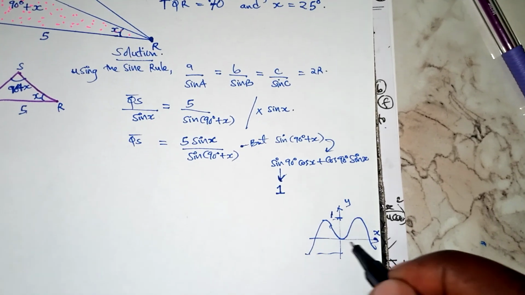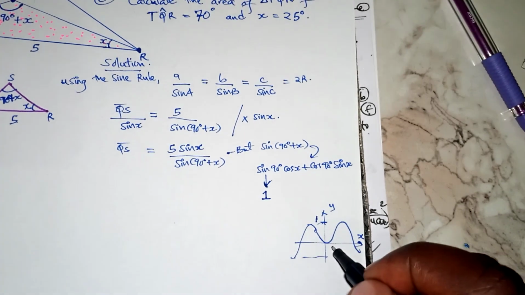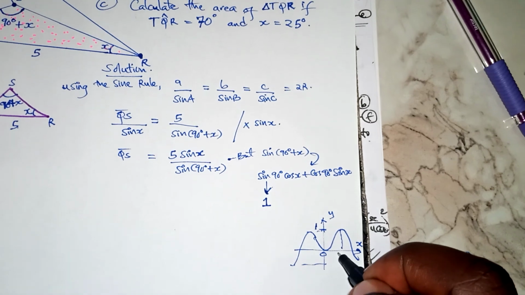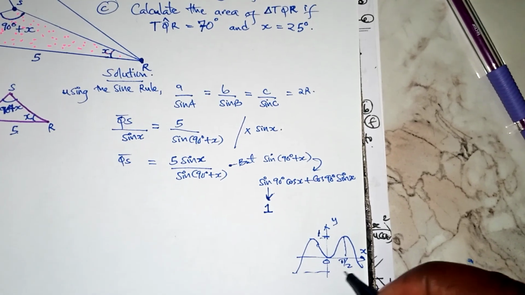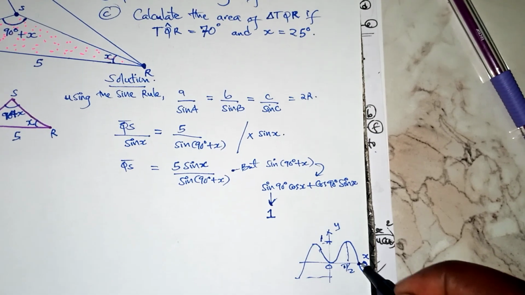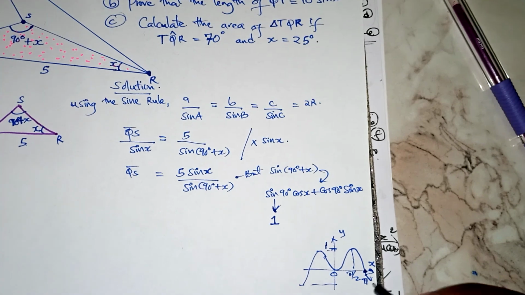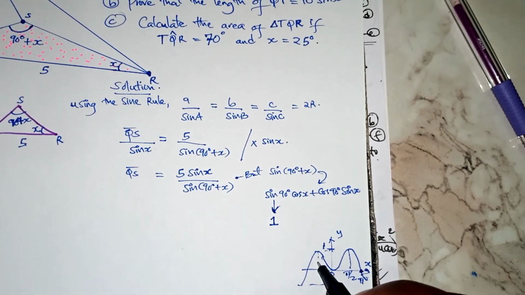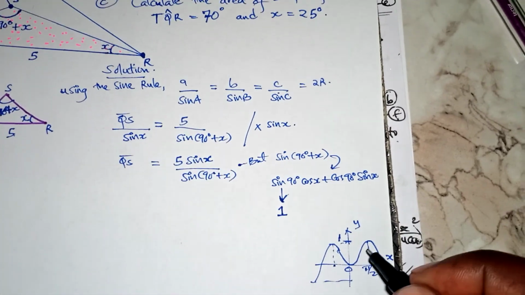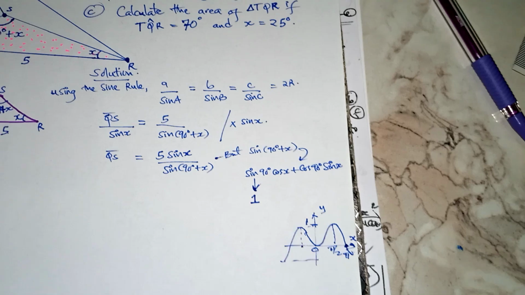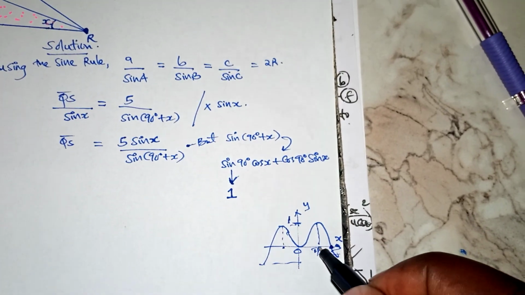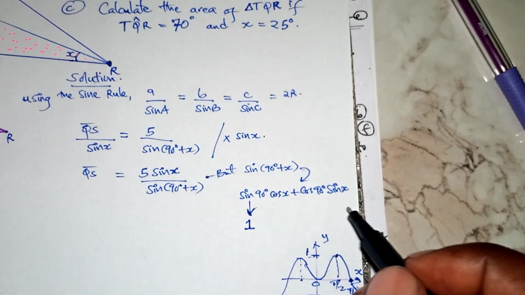Here, this is where we find the angles in radians, probably 0. This is pi over 2, which in radians is 90 degrees. This one is pi, and this one is negative pi over 2, like that. Okay, so at 90, this is 1.